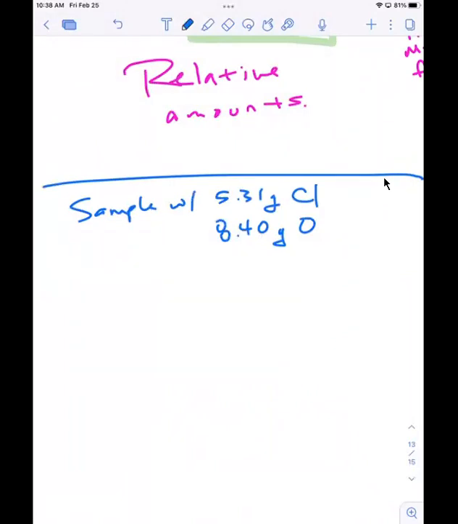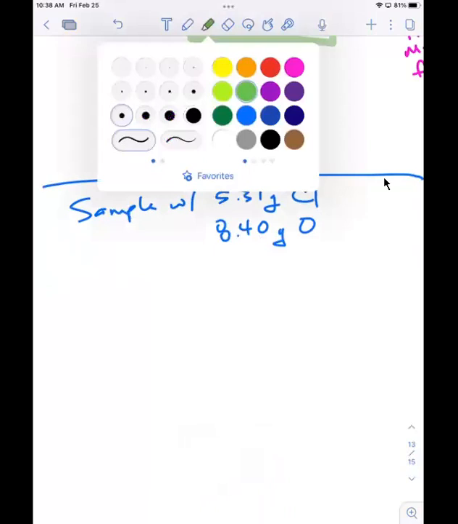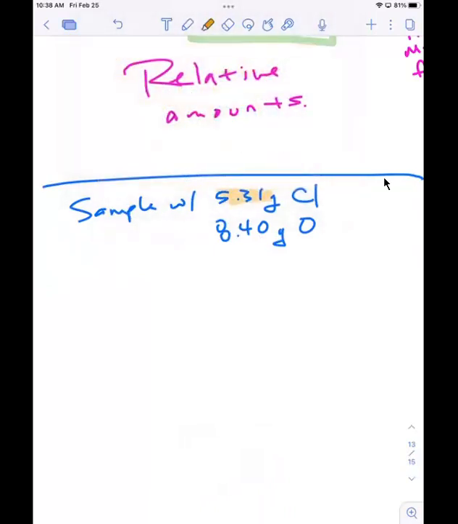How do we set this up? So we have these two numbers. If we're following the same format as the first example, what are these two numbers? Your given mass. These are the given masses. Excellent.